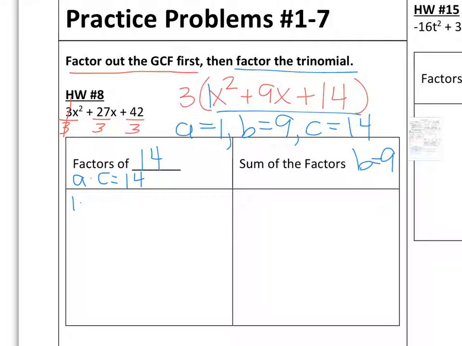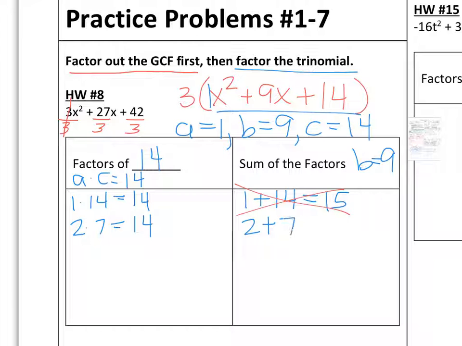So 1 times 14 is 14. But 1 plus 14 is 15 and not 9. So that's not going to work. Then I know 2 times 7 is 14, and 2 plus 7 is 9. So 2 and 7 are going to be my factors.